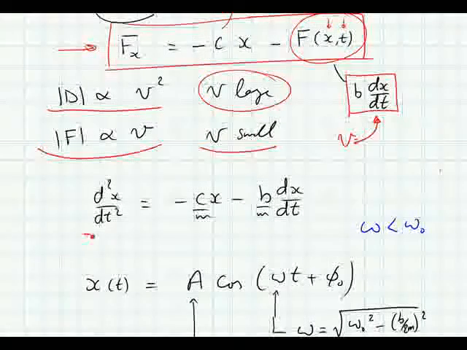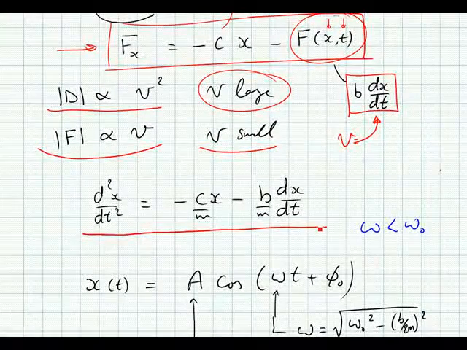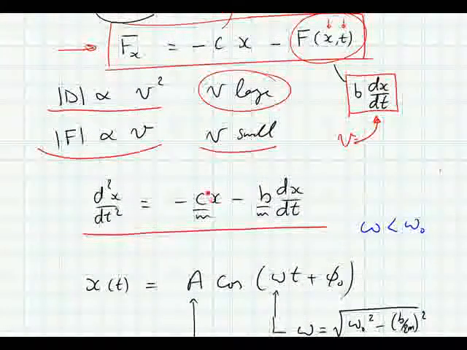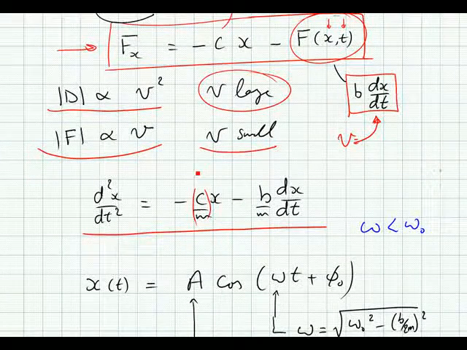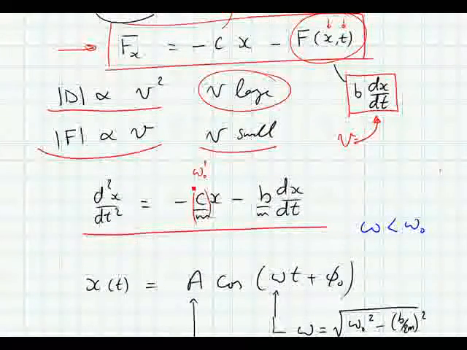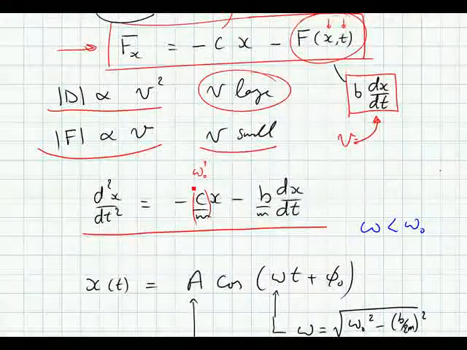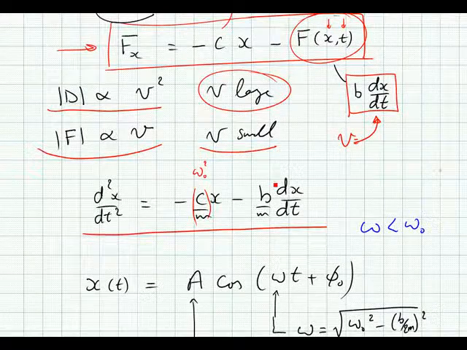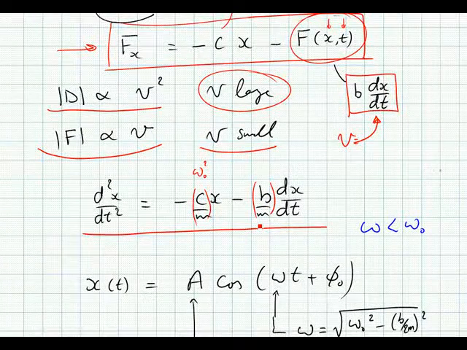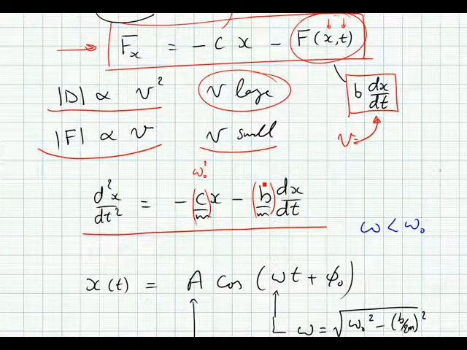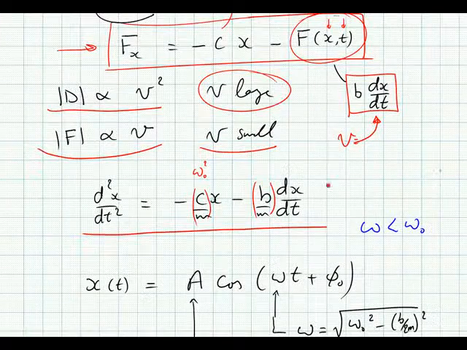So our equation now becomes d²x/dt² is minus c over m times x minus b over m times dx/dt, where c over m is once again the square of the angular frequency of oscillation if there's no air resistance, and this b over m is the damping coefficient due to the air resistance.